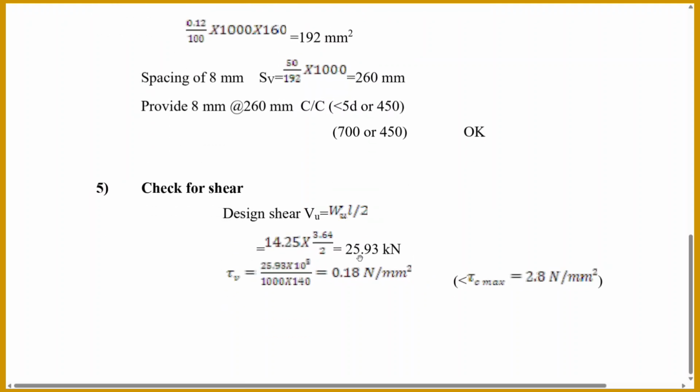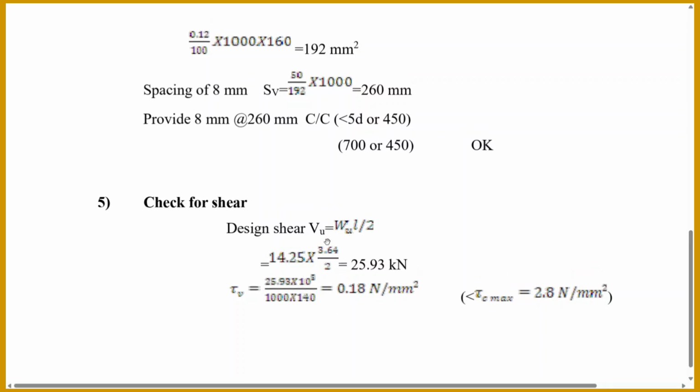For the checks of shear and deflection, for shear design you will have to find the design shear. This is the design shear formula. Vu is equal to Wu, means WL by 2. This is our W. We will find this W from that particular equation.